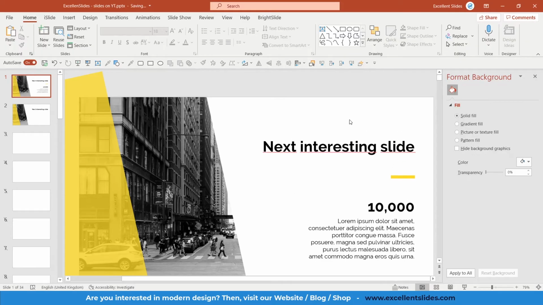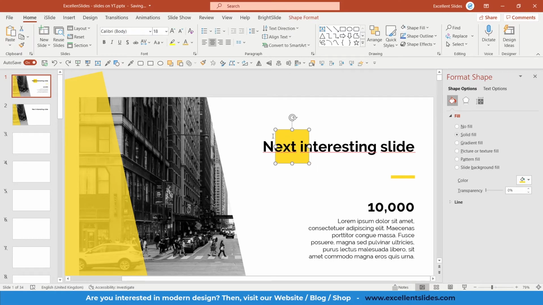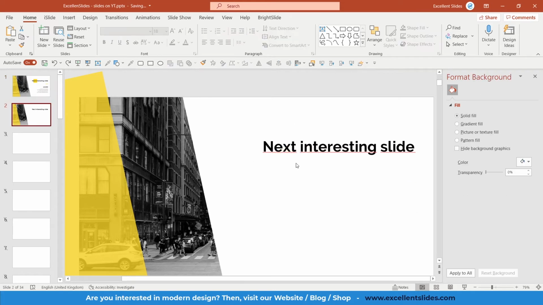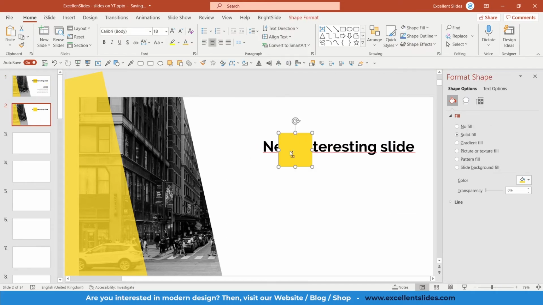And that's why I added this square, because with this yellow square, it looks extremely much better, right? So yeah, so Ctrl+C, Ctrl+V, and as you can see now this square is above our title. We cannot see our title, so yeah, like you think, we have to send it to back. All right.